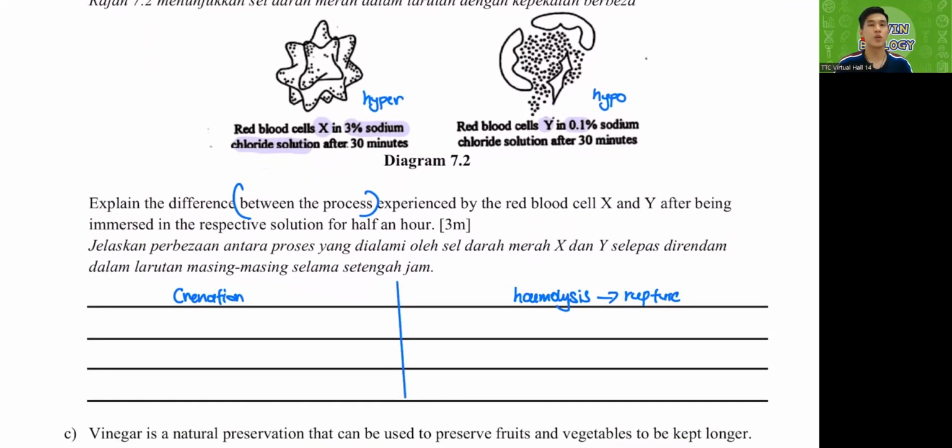So you can say, oh, because the 3% sodium is hyper, 0.1 is hypo. So therefore, this one water is diffused out. This one is water diffused in. So you can see the three things that I compare here is the same 3 points. Look.